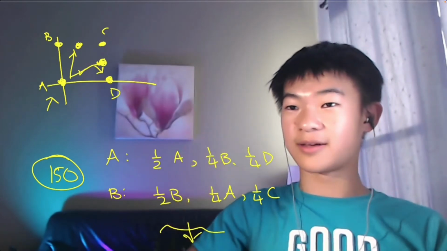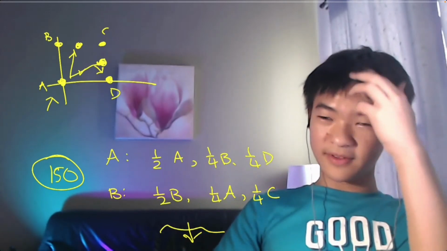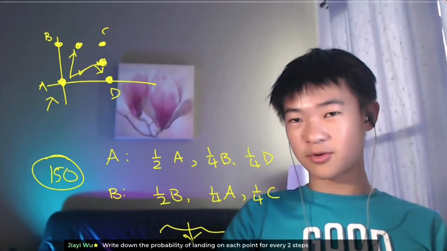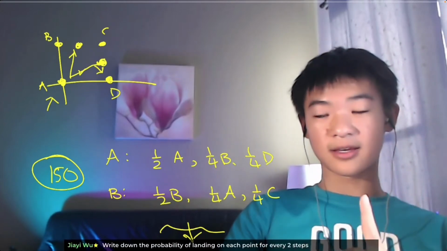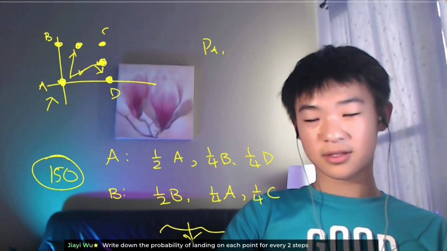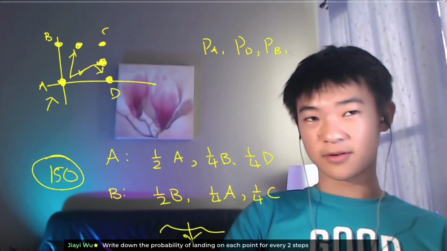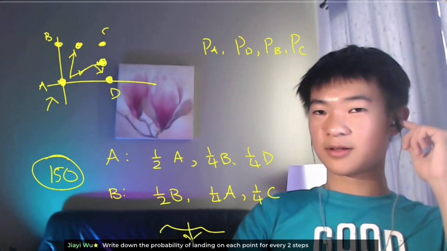So okay, I will do something very risky. I will set the probability that our 150th move ends at A, starting from A, as P of A. And then we end up at D, the probability is P of D, P of B, and P of C. So basically I'm doing states.